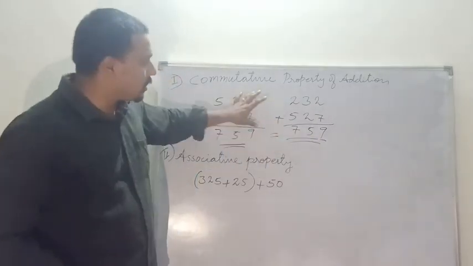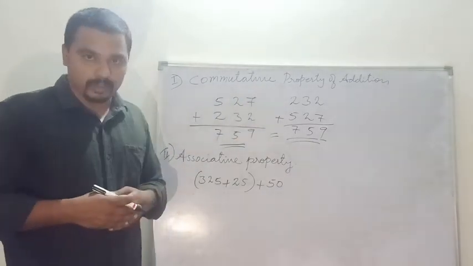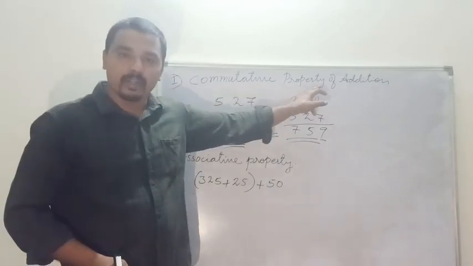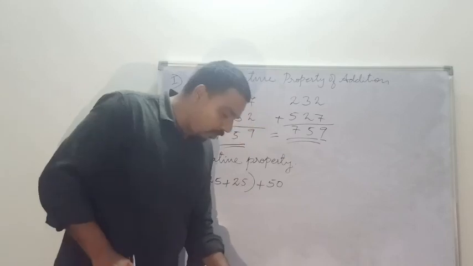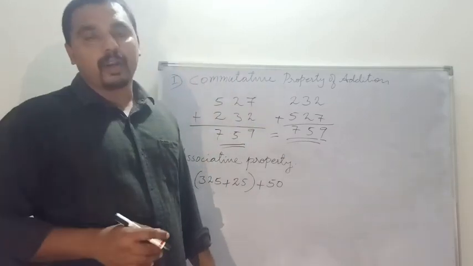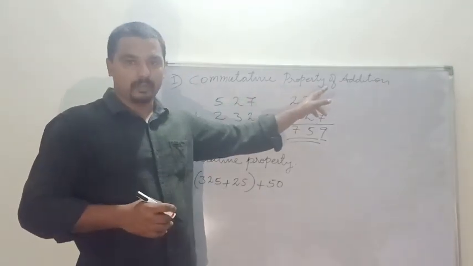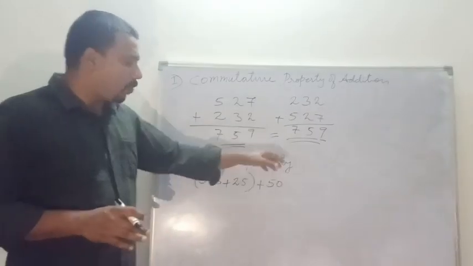That means it does not affect the order of the numbers. That is called the commutative property of addition. Let's see, the sum of two numbers does not change when we change their order. That is called the commutative property of addition. Is it clear?